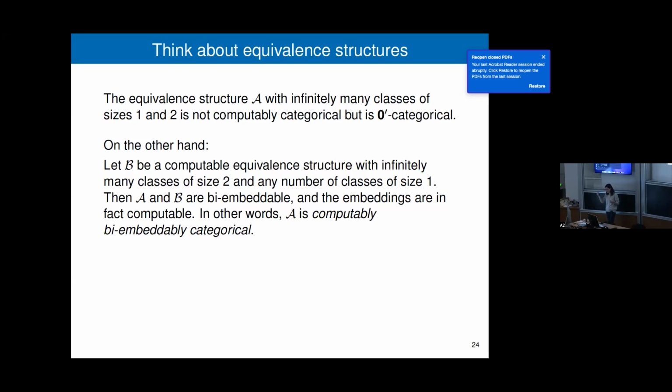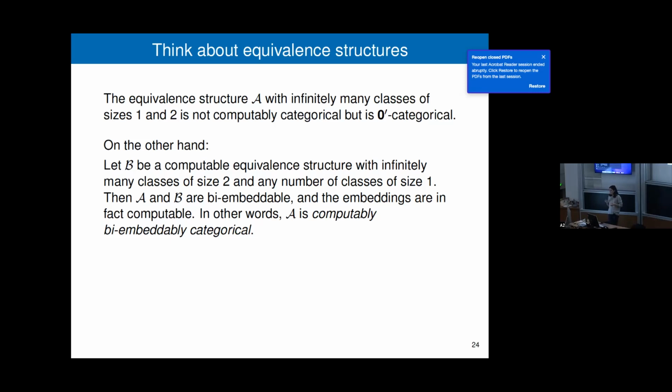So we wait for the next class of size 2 to appear, and that's where we send our elements. So bi-embeddable computable categoricity is different in general from the usual computable categoricity up to isomorphism.